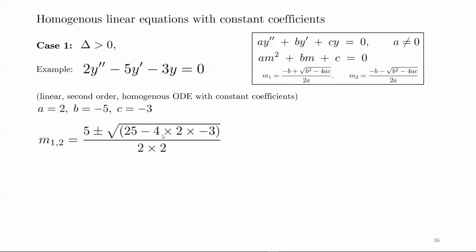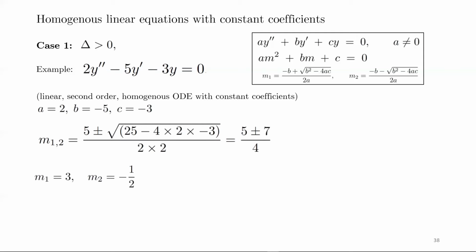It's just going to be 25 plus 24. So we end up with 5 plus or minus the square root of 49, which of course is 7, divided by 4. If we calculate that, 5 plus 7 divided by 4 gives us 3. 5 take away 7 divided by 4 gives us -1/2.